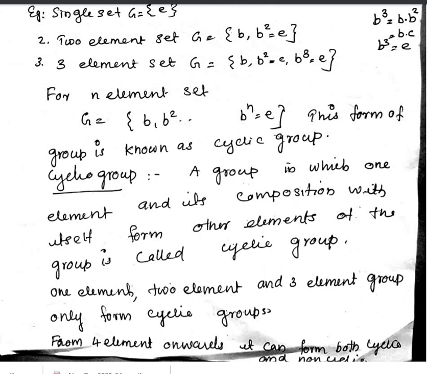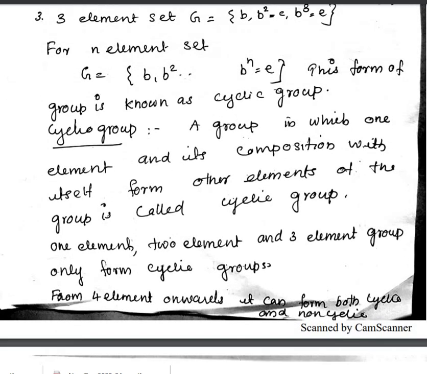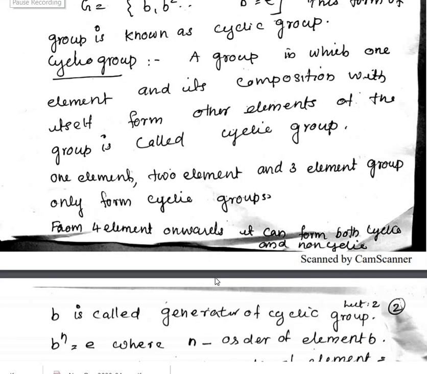So we know that if a group has only one element or 2 elements or 3 elements, which are the simplest groups, they can only form a cyclic group.